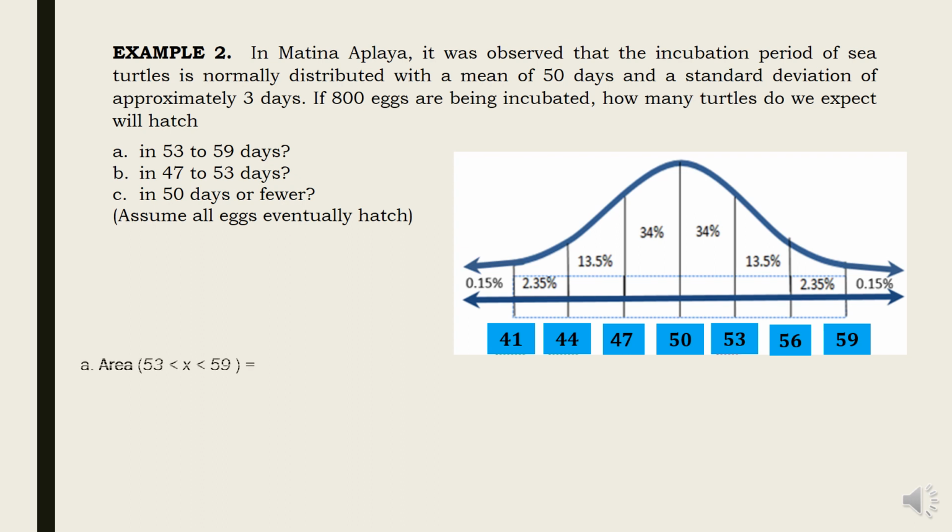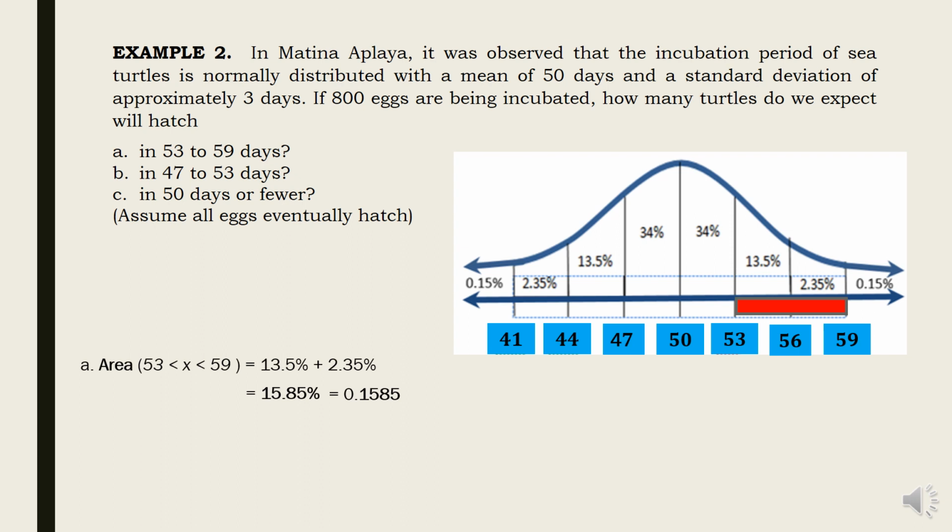Okay, to find the area between 53 to 59, let's go back to our illustration. We have 13.5% and 2.35%. If we're going to add this, we have 15.85%, which is equivalent to 0.1585 in decimal form.